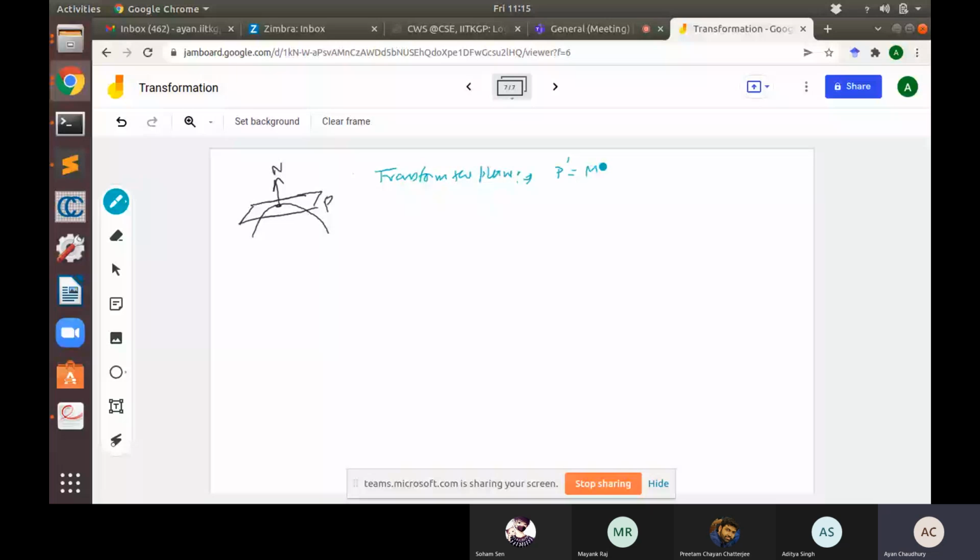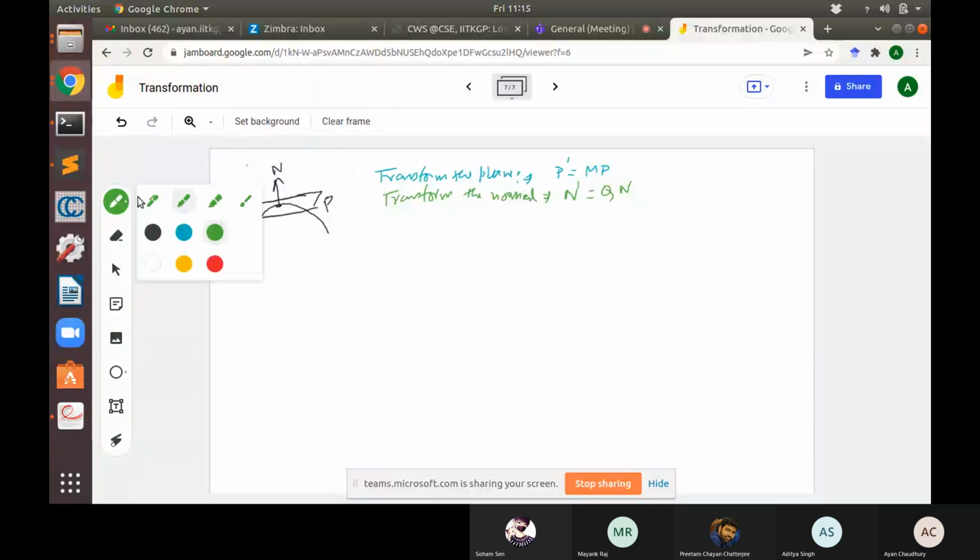And let's transform the normal. Okay. So let's say this is N prime, and let's say the transformation matrix for the normal is Q, okay? We consider two different matrices for two different cases, and then see what we can conclude from here.